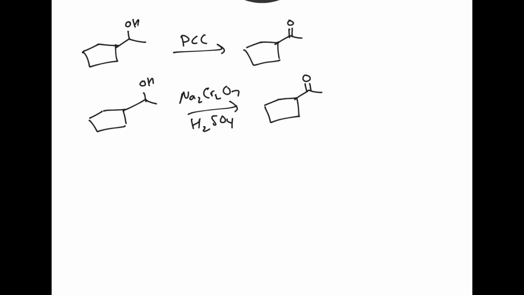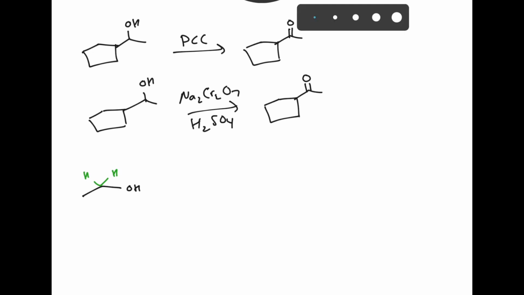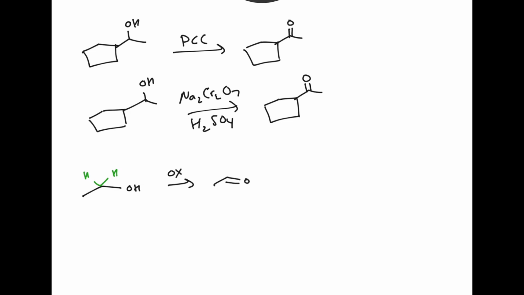And the reason is, just so you remember, when you have a primary alcohol, you have 2 hydrogens on the carbon that has the alcohol. So when you oxidize it, you can either remove 1 hydrogen and make an aldehyde, or you can remove both hydrogens and make a carboxylic acid. When you have a secondary alcohol, there's only 1 hydrogen.